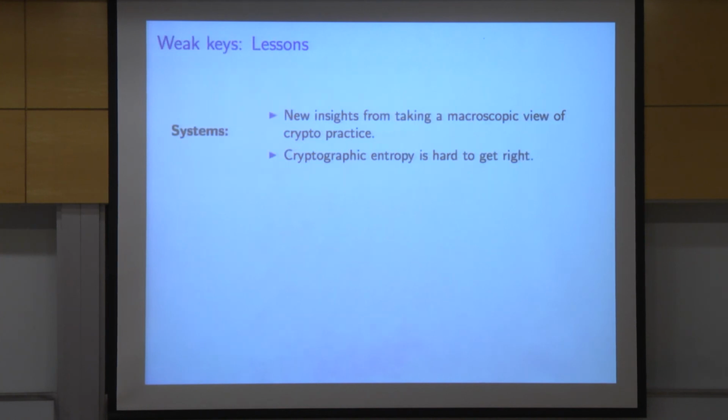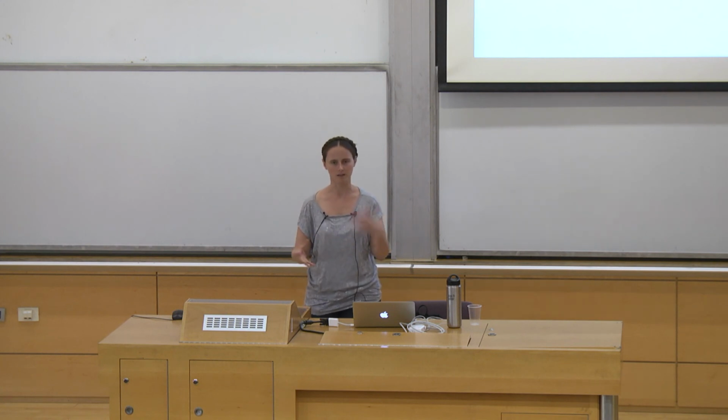So what are the lessons here? From a systems perspective, we got these new insights from taking a macroscopic view of crypto practice. We started by thinking about things from the perspective of the RSA keys that we were finding in the wild and what happens if you compute GCDs, but actually what we found in the case of Linux was a much broader problem in random number generation that would affect every single thing that any of these devices is doing at first boot.